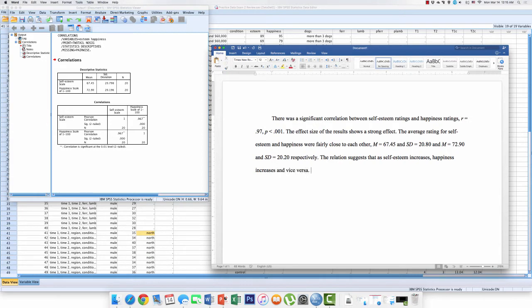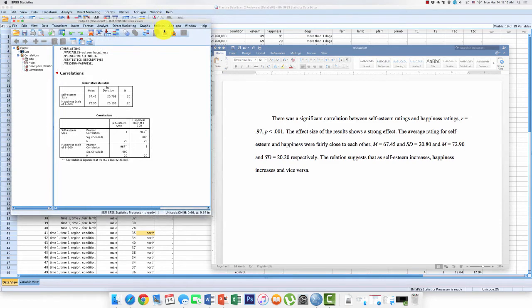The reason I wrote vice versa is, again, remember this is a correlation, so we don't know if happiness is causing this positive relationship or self-esteem is causing or influencing it. So I just want to write vice versa because it's going to tell my readers that if self-esteem increases and then happiness increases, then happiness increases and then self-esteem increases. So it could go either way.